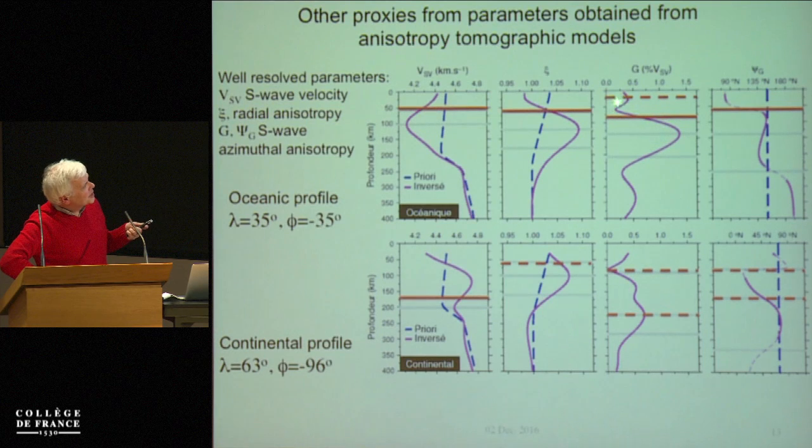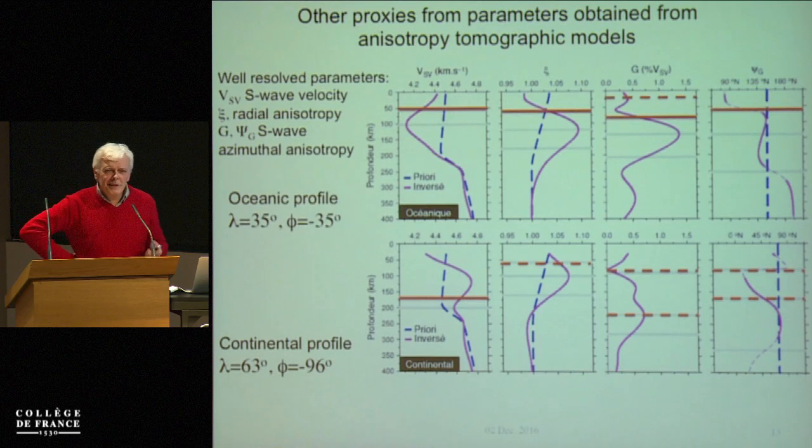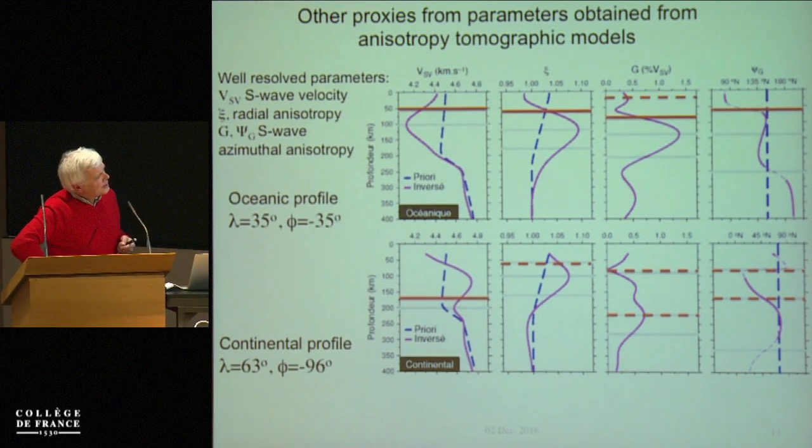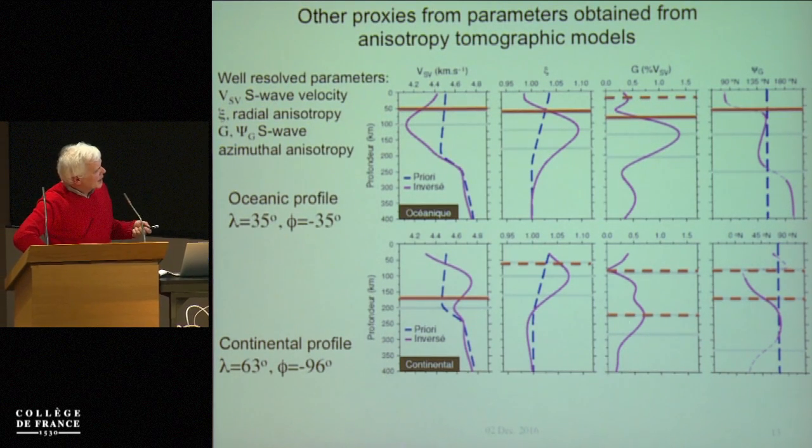For this oceanic profile, it's much more difficult because we have some low for this specific location. We have a minimum of azimuthal anisotropy here, around 50, 60 kilometers, and we can also use the variation in the orientation of azimuthal anisotropy, because we can expect that in the upper part we will have a fossil anisotropy, and when we go deeper, an orientation more related to present-day tectonics and plate motion.